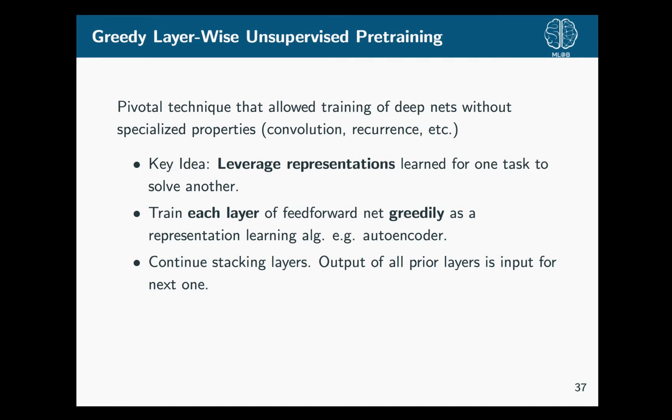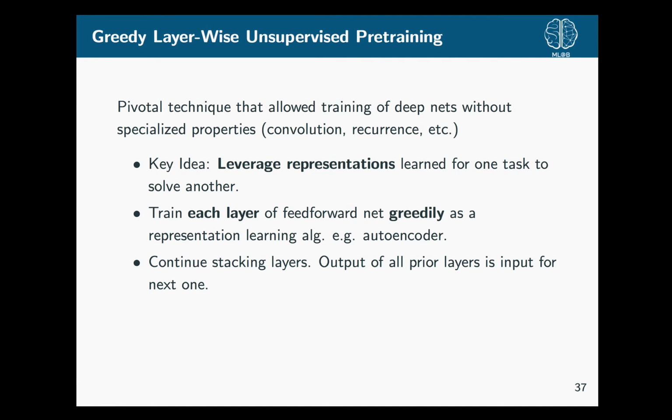That way, that layer will have to leverage the representations from the earlier layers to try and do classification or regression. In this case, what you can do is freeze the earlier layers and have the very last layer be the hidden layer of an autoencoder, and you try and have it encode the image or the input.